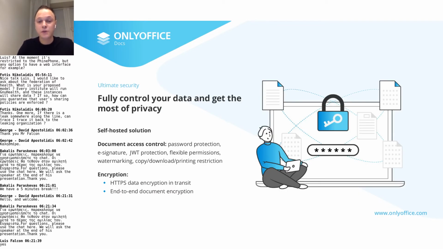And data security is, of course, a crucial question for everyone who works with documents online. So you can launch OnlyOffice on your private network to get full control over your data and keep it independent within your physical perimeter. Here, the HTTPS protocol encrypts the traffic, and JSON Web Token protects documents from unauthorized access.